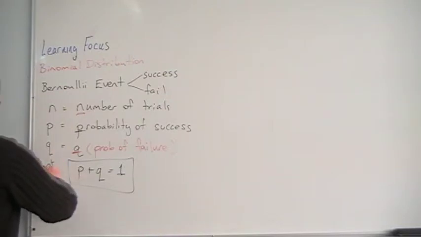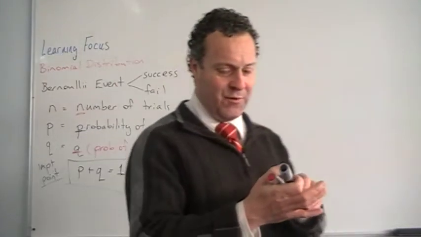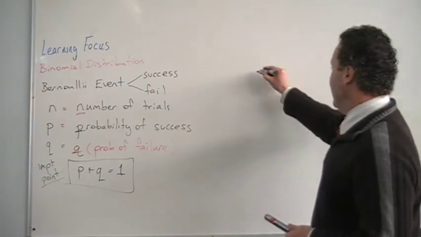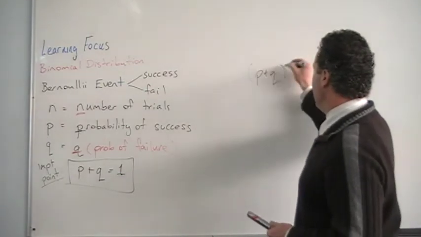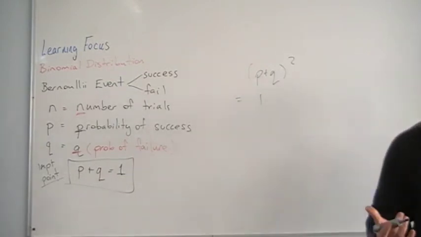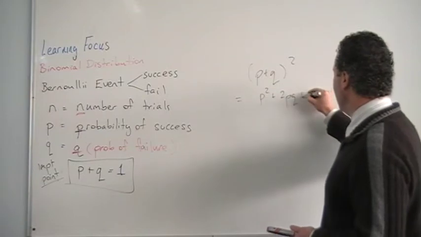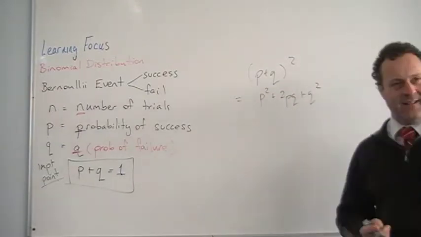Which brings me to probably the most embarrassing mathematical moment of my life. I was sitting in my first year statistics lecture at university, and the lecturer was doing binomial distribution, and he said P plus Q, just doing some working on the board, equals 1. I was like, how on earth is that 1? I thought P plus Q squared was P squared plus 2PQ plus Q squared. I just couldn't get it out of my head.